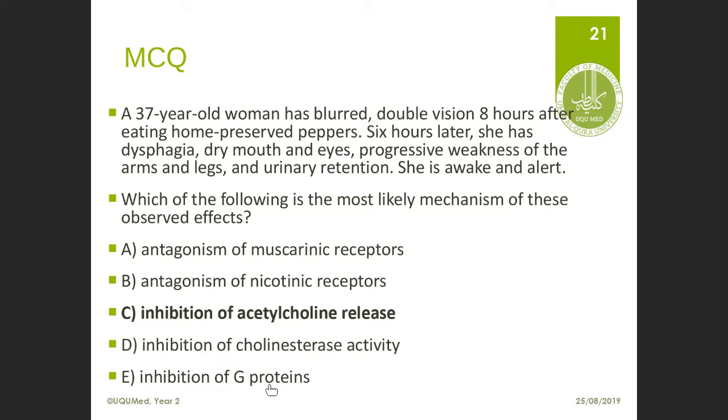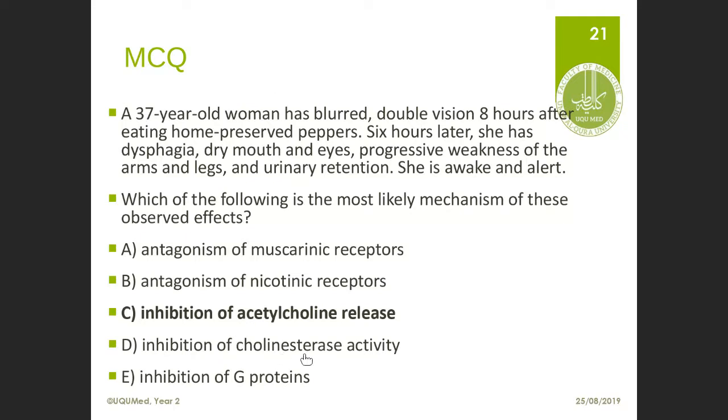There is no inhibition of G protein involved in such a case, where the female has dry mouth and eyes, dysphagia, meaning a problem in swallowing food, as well as urinary retention. So this option is not suitable.